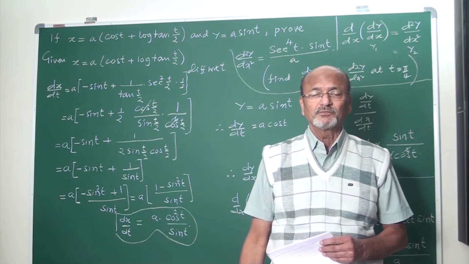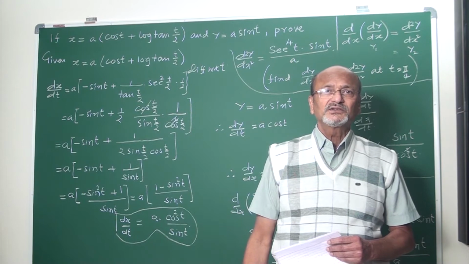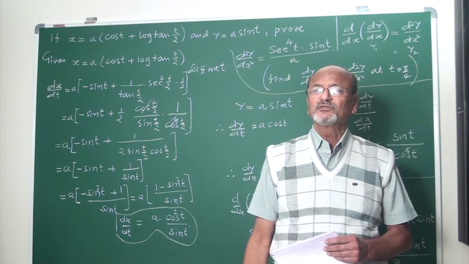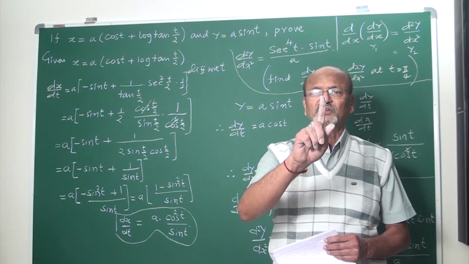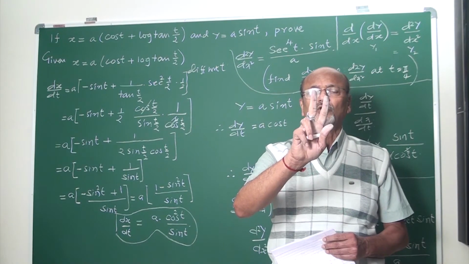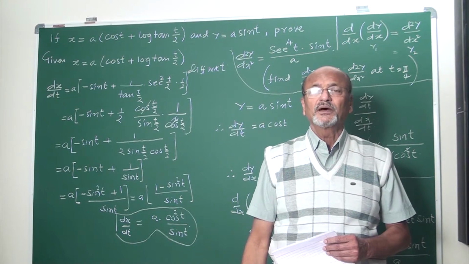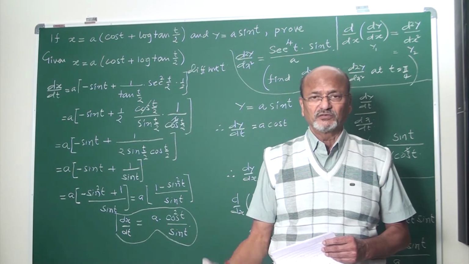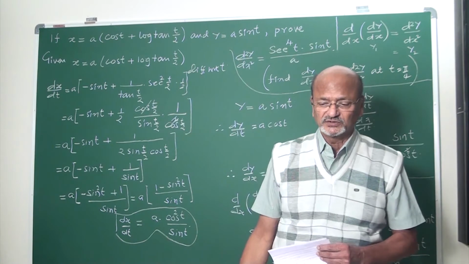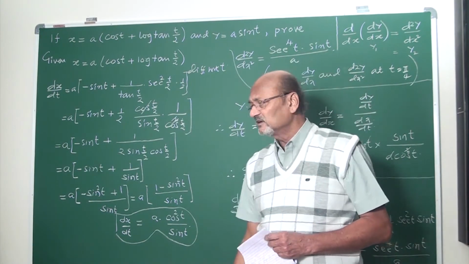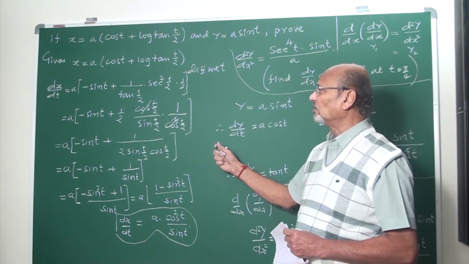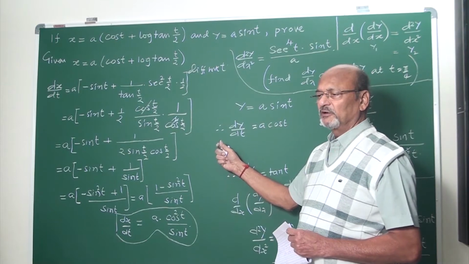As the last part of this successive differentiation, I want to consider one or two examples on parametric functions. Yes, my friends. I have already done this example in the case of dy by dx.